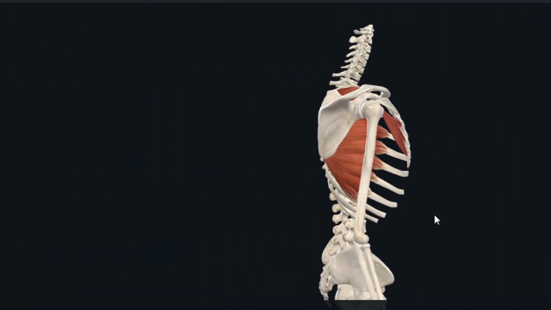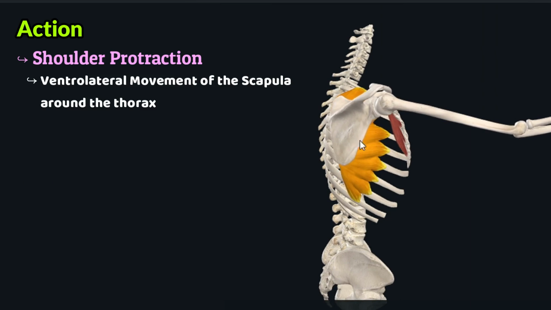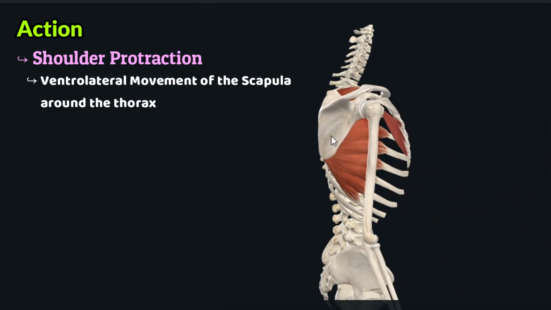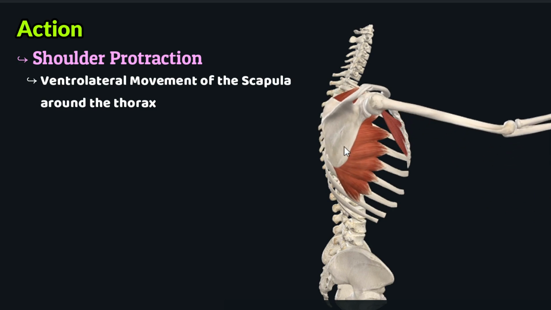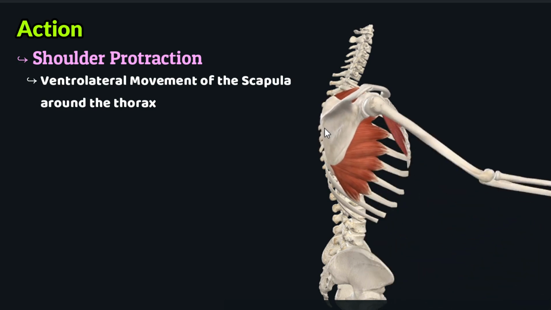Now looking into the actions produced by the serratus anterior muscle, this muscle produces shoulder protraction, that is the ventrolateral movement of the scapula around the chest wall. As you can see, the scapula moves around the chest wall. This action is known as shoulder protraction.